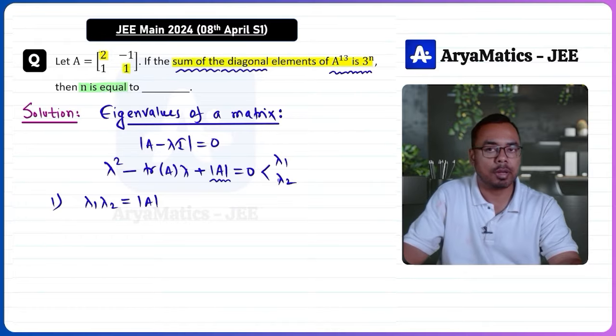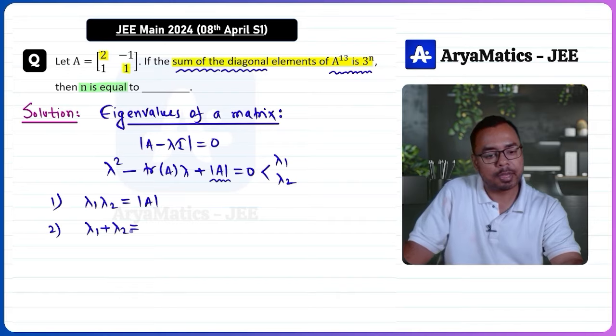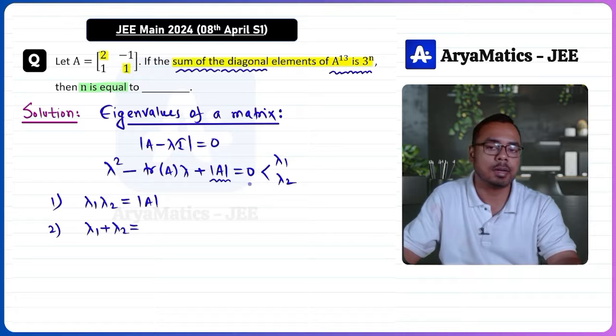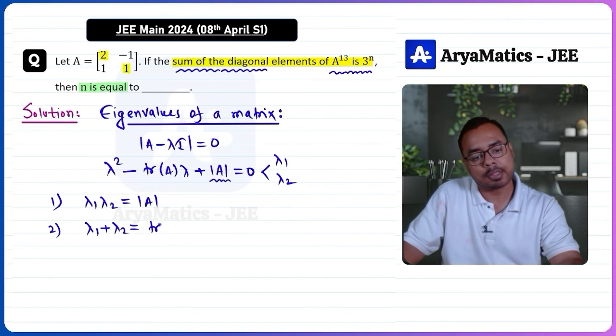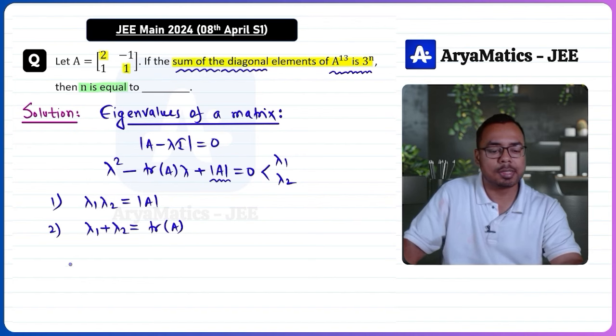For this quadratic, the product of roots lambda 1 and lambda 2 will be determinant of A. Similarly, if you calculate the sum of eigenvalues of a matrix, I'm writing for 2 cross 2, but this is valid for any general n cross n matrix. So the product of eigenvalues is the determinant of the matrix, and the sum of eigenvalues is nothing but the trace of the matrix. These are the two most frequently used properties.